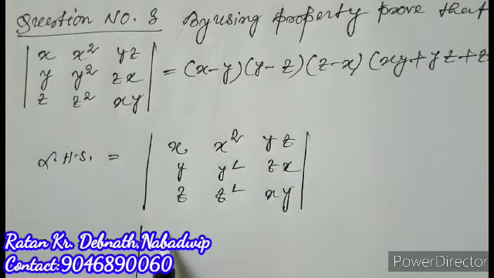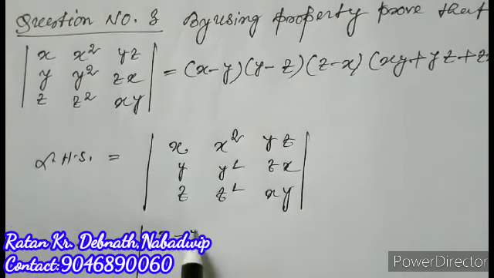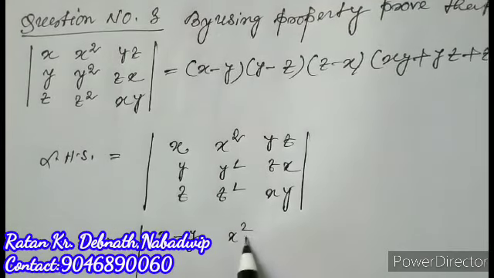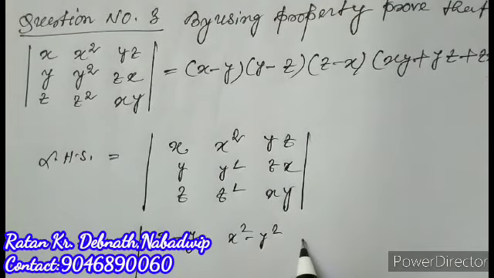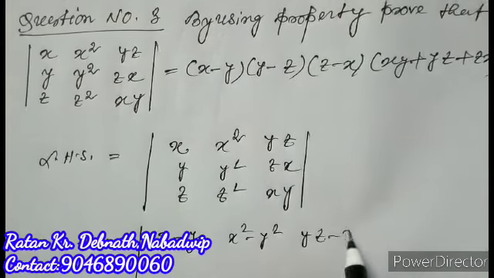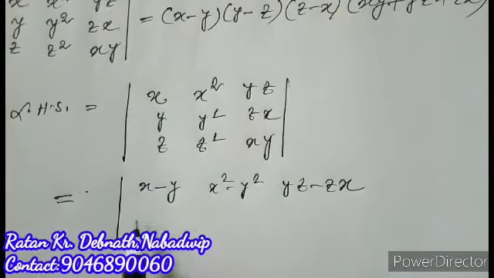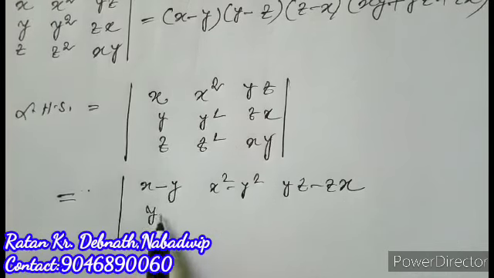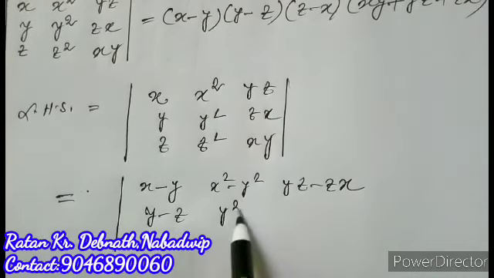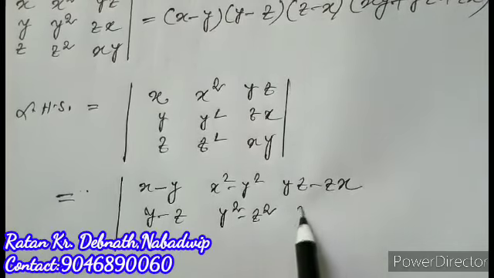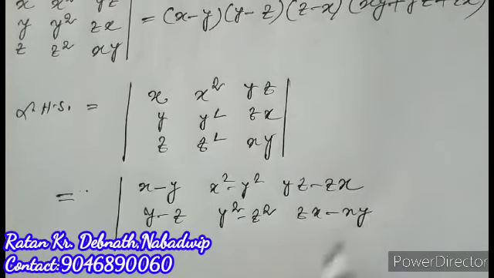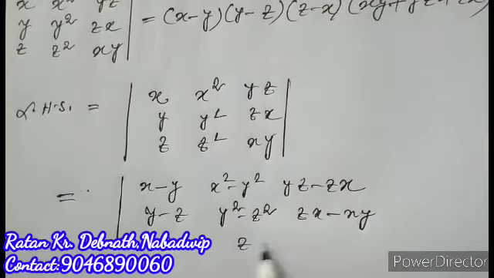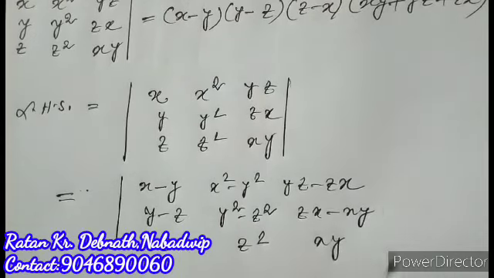So x minus y, x square minus y square, yz minus zx, and the new second row I am forming by subtracting the third row from the second one, that is y minus z, y square minus z square, zx minus xy, z square xy.